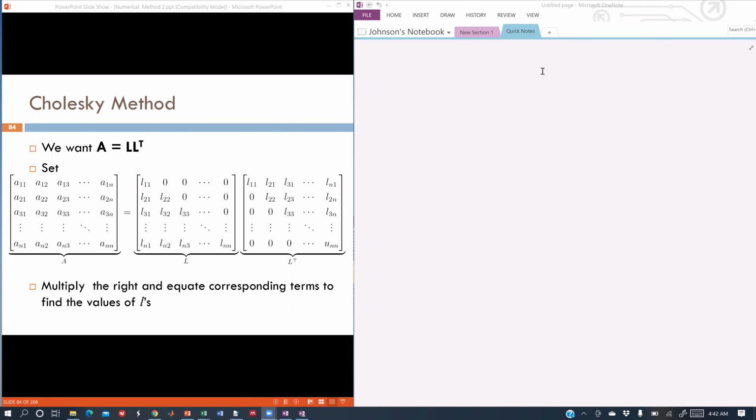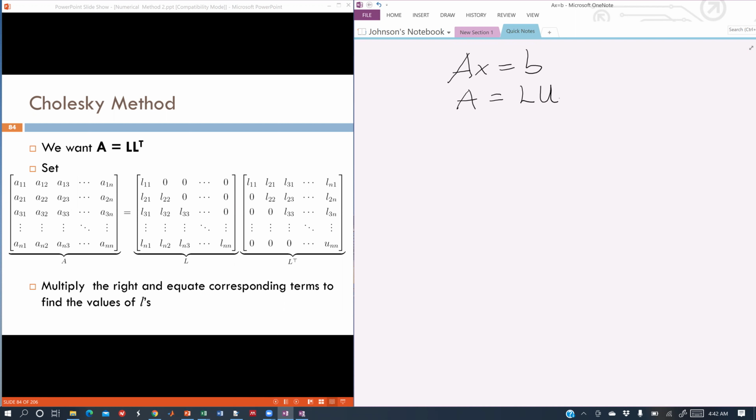Today I'm continuing with our discussion on LU decomposition, and I'm going to take you through a third method called the Cholesky decomposition. The Cholesky decomposition comes in a very special form. From the previous two videos, you'd realize that I always tell you that we are solving the system AX is equal to B, and we want to write A in the form L times U, and for that matter, the name LU decomposition.